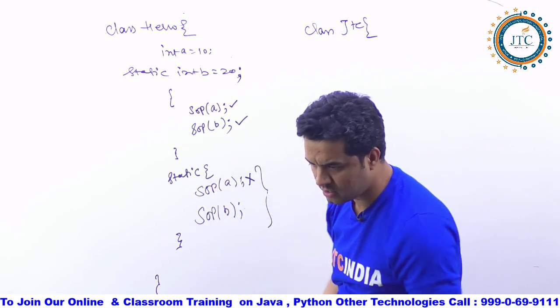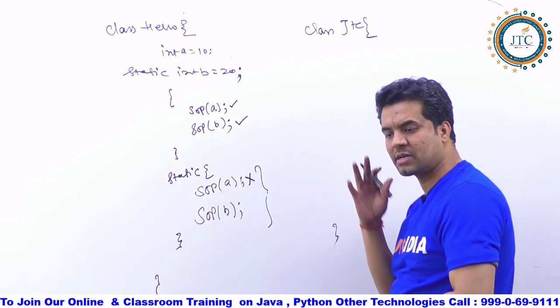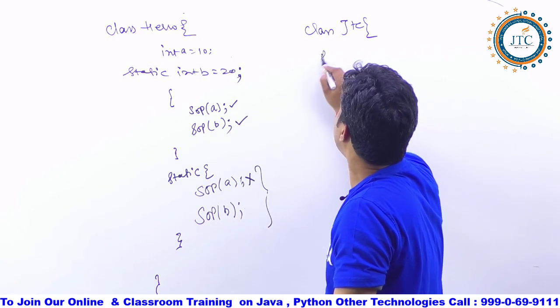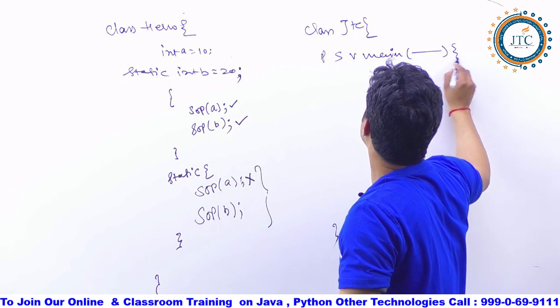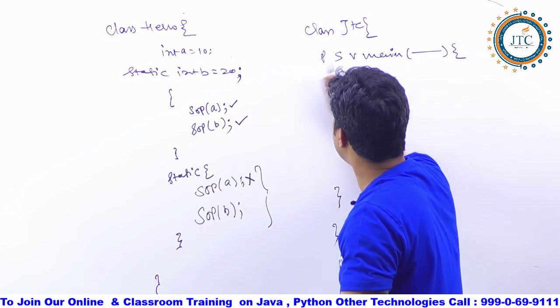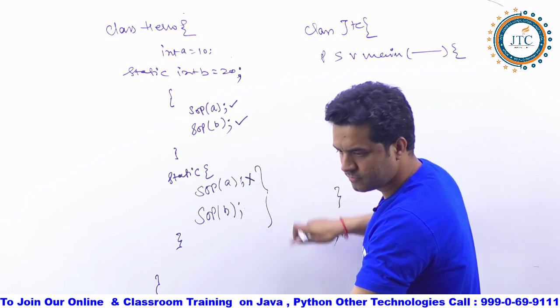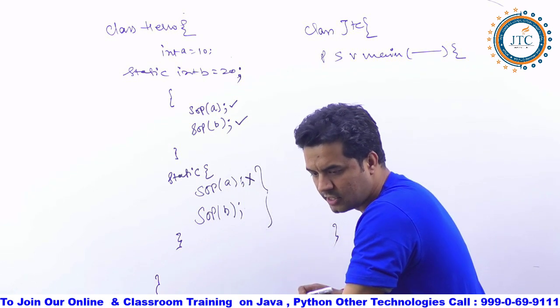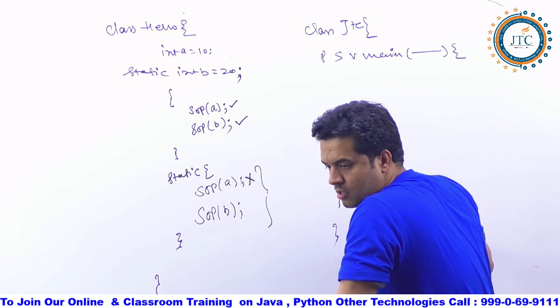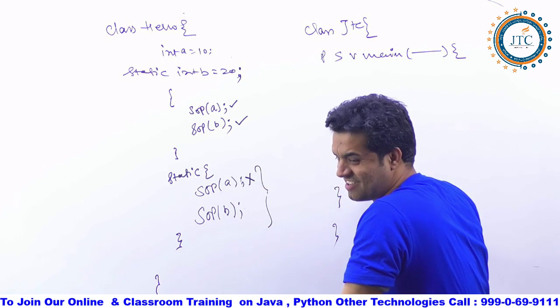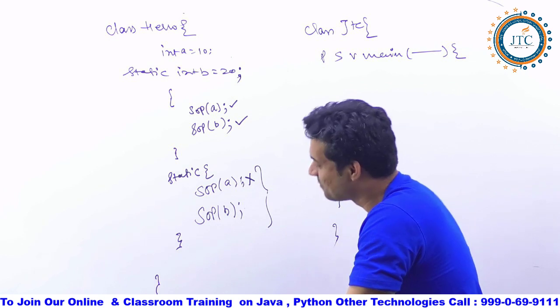I'll write the same kind of code in the laptop also. So public static void main, String args, I am writing, correct? Now inside this, understand it here. What is that?